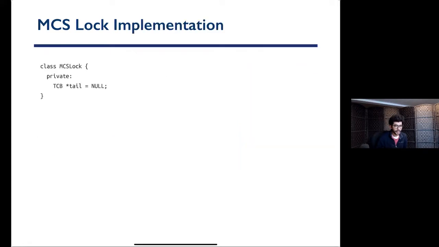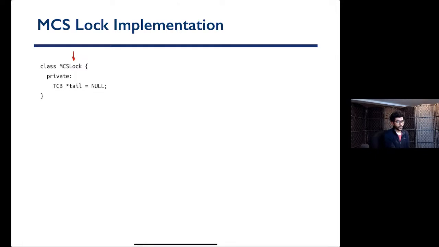So here is how we're going to implement this. We're going to design this class of MCS lock. And this class has a private member, which is a TCB. So this has to be implemented inside Linux so that you have access to the TCB of threads.